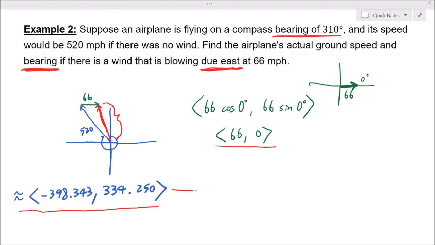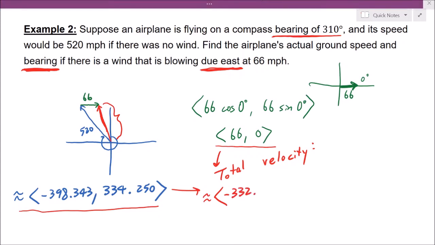So the total velocity, how do we add vectors? We just add corresponding components, right? So horizontal component, that's negative 398.343 plus positive 66. So around negative 332.343.